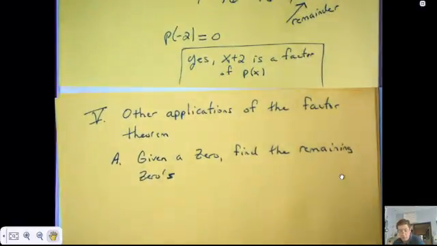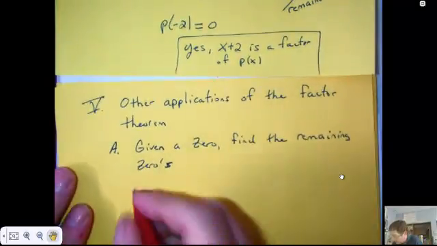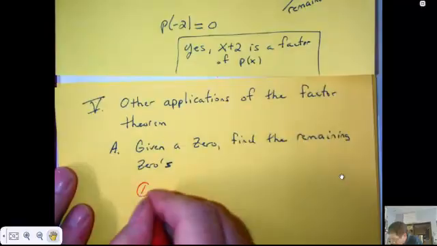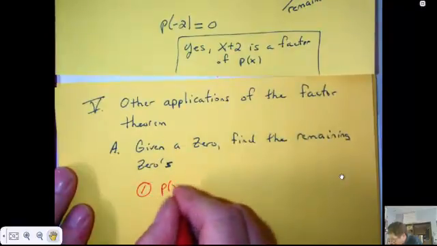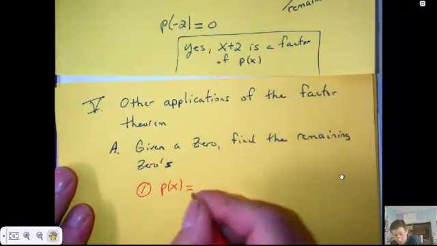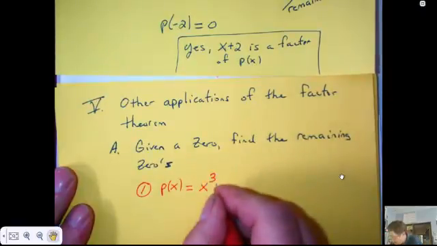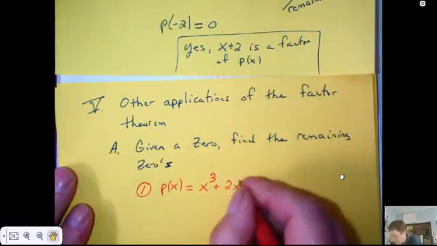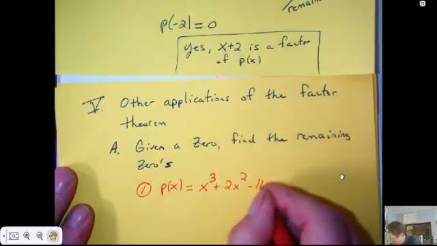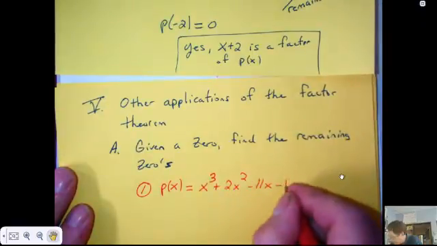So, question 1 I have is that we're given P of x. Here's my polynomial, which is x cubed plus 2x squared minus 11x minus 12.